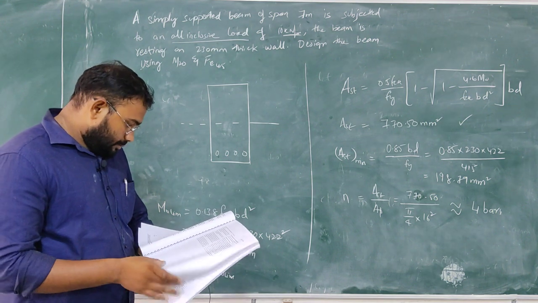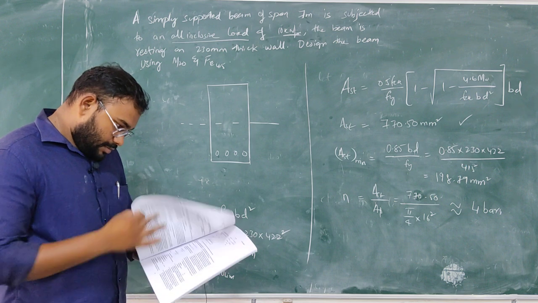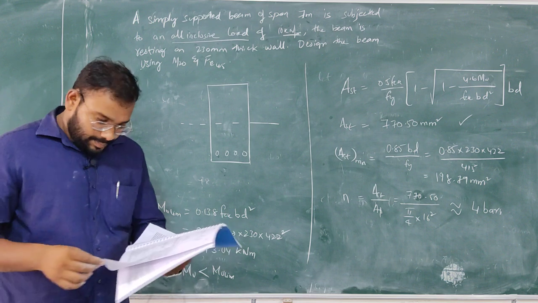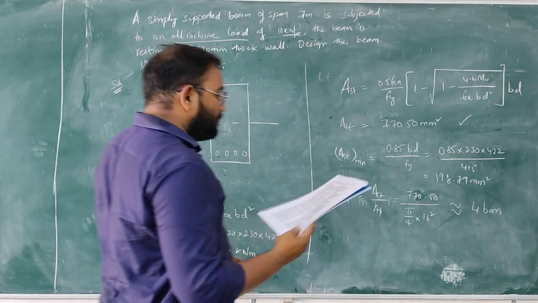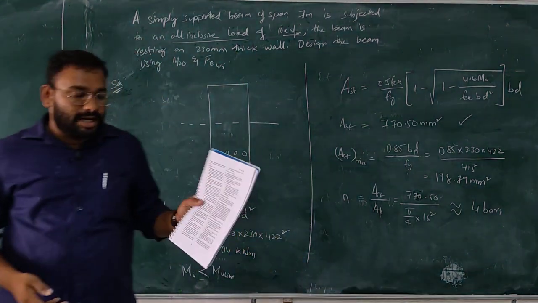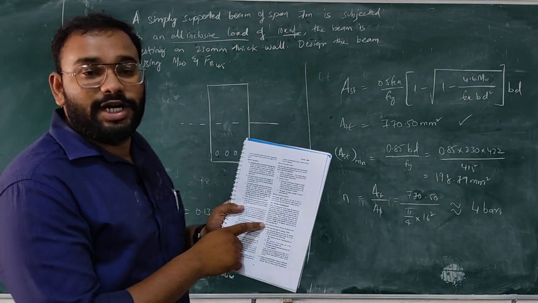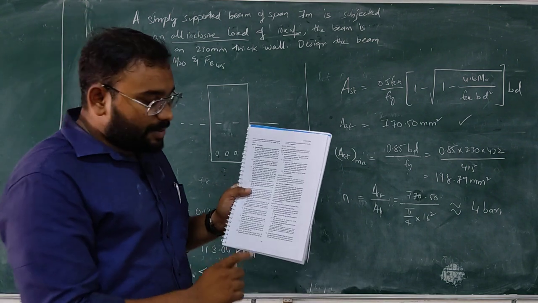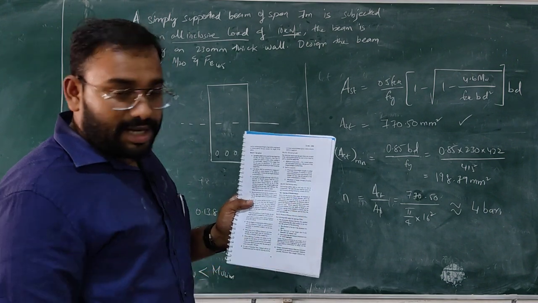The minimum distance between individual bars is given on page number 45, clause number 26.3.2. It is under 26.3, spacing of reinforcement, page number 45 of your code book.